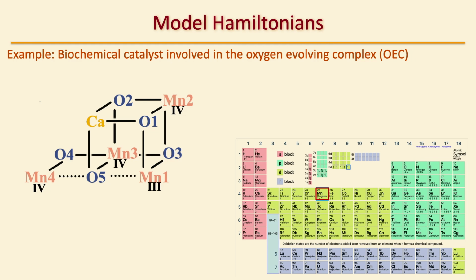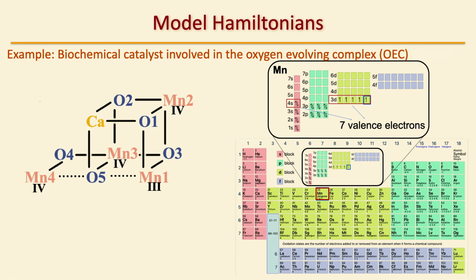But in particular, this molecule has 4 manganese atoms. Manganese is one of those transition metals which has 7 valence electrons. And of those 7 valence electrons, some of them are used for these coherent, covalent bonds that you can see here.